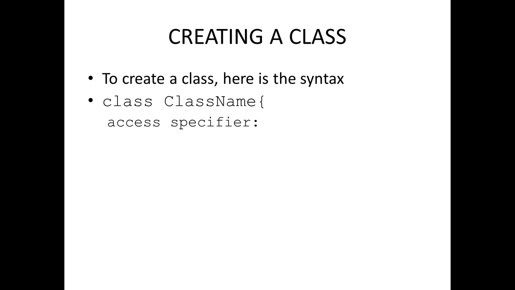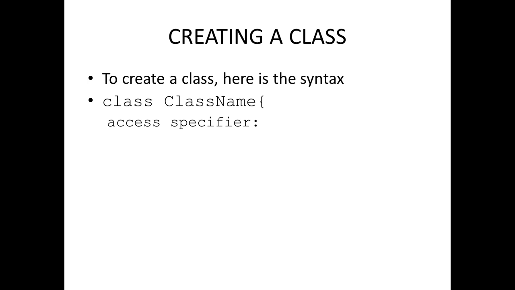Then after that, there's what we call access specifier. Access specifier is a way of declaring how the attributes and the methods of a class can be accessed.